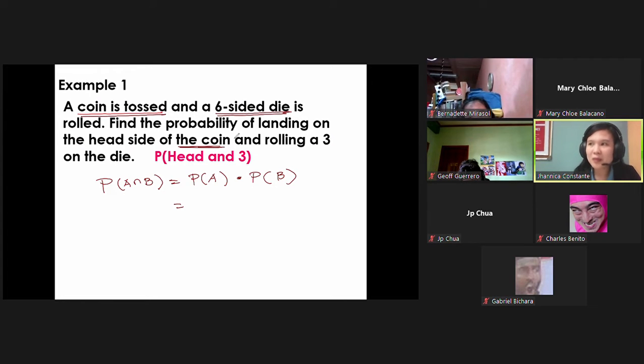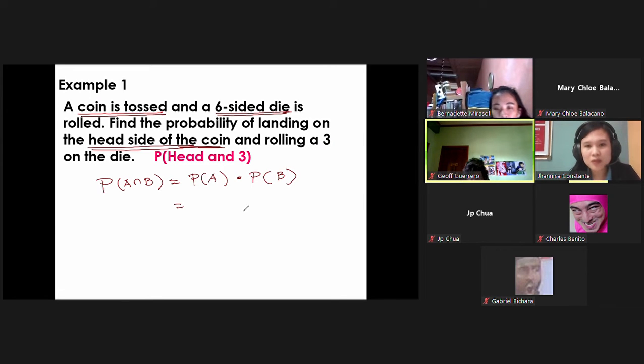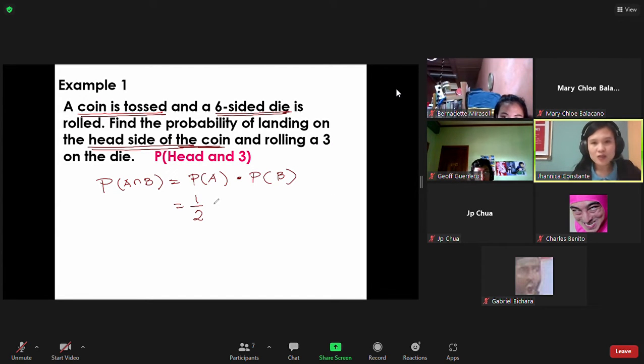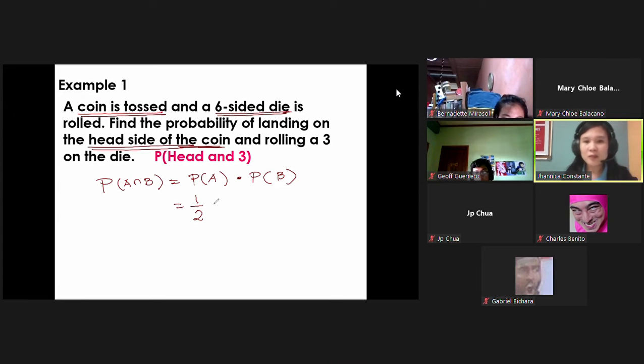What is the probability of getting a head once we toss the coin? 50%. We have 50% for our first event, which is equal to 1/2. Let's use the fraction form, or 50% if you want to use percentage, as long as you can solve the independent probability.